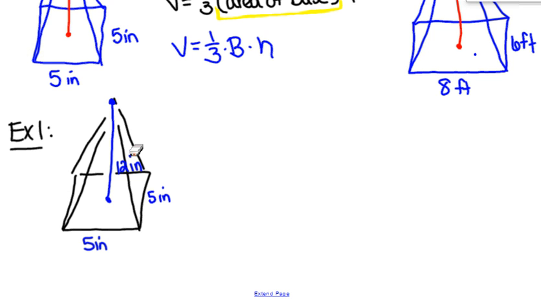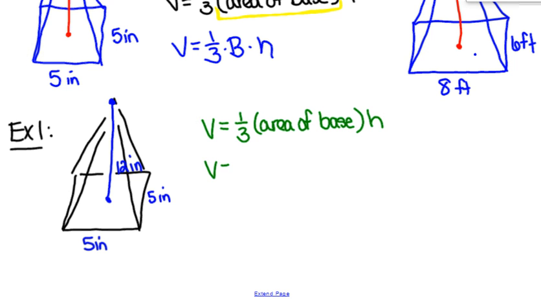So when we're working with the pyramid, the formula is 1/3 times the area of, in this case, that square base times the height, or 1/3 times uppercase B times H.